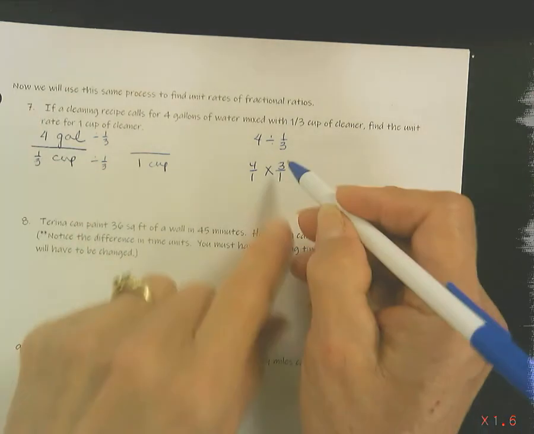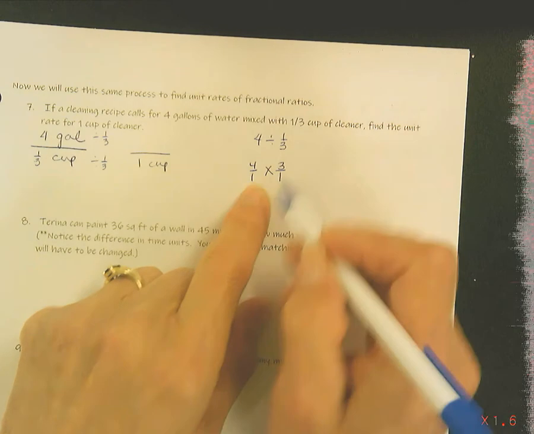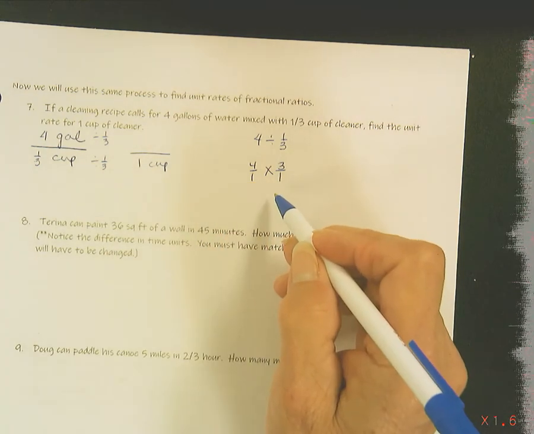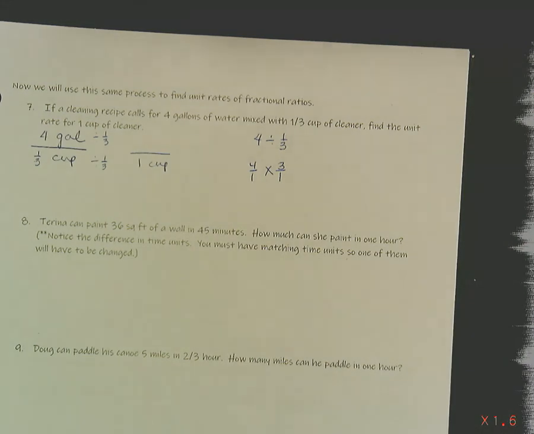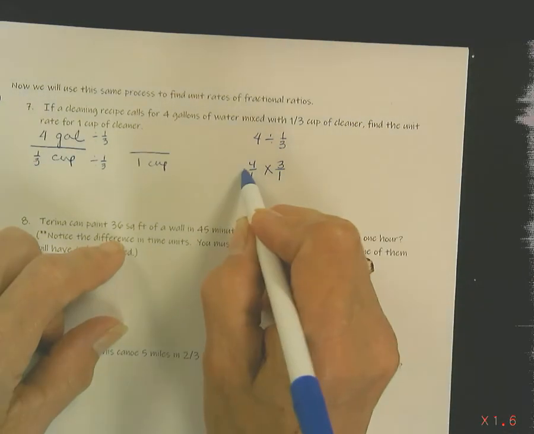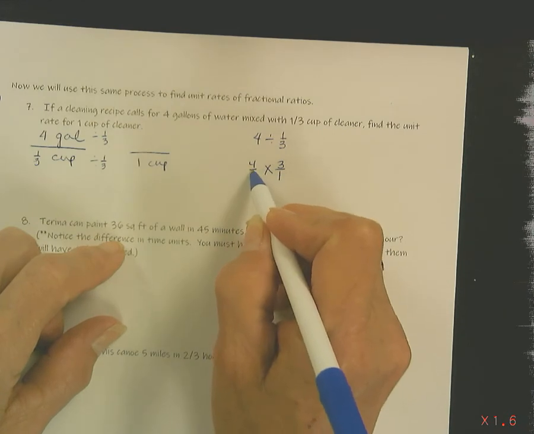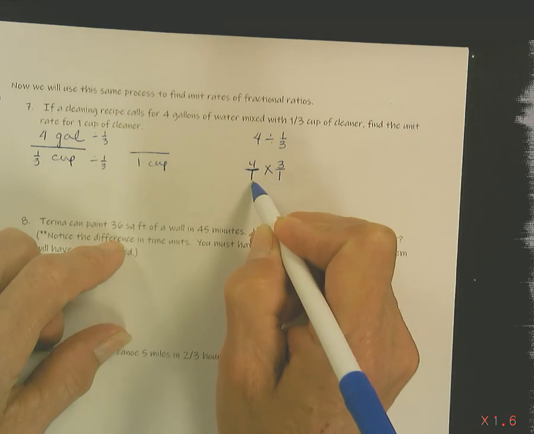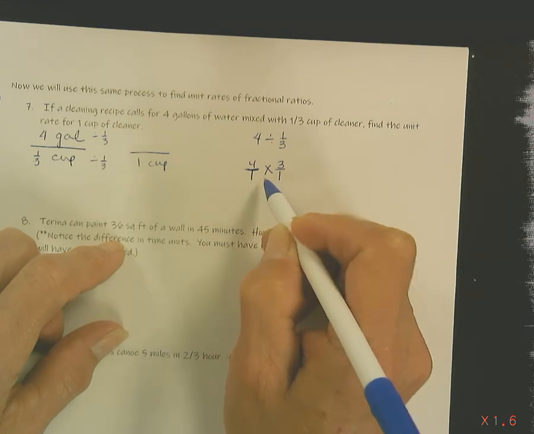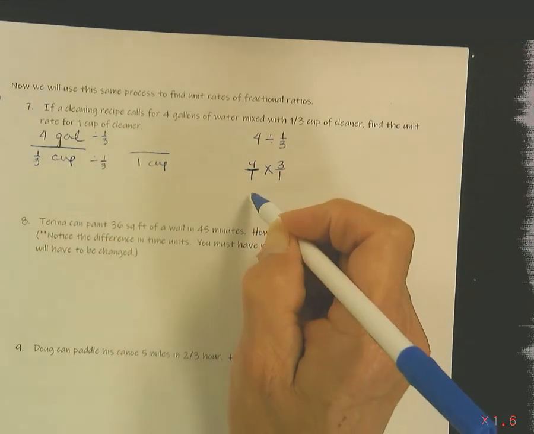So we flip the second fraction and we multiply, but now we know how to multiply because multiplying fractions is no big problem. It's the top times the top and the bottom times the bottom. Where did you get the 1 under the 4? Any whole number can be written as a fraction by placing it over a 1. What if it's not a whole number? If it's already a fraction, then you already have a top and a bottom.